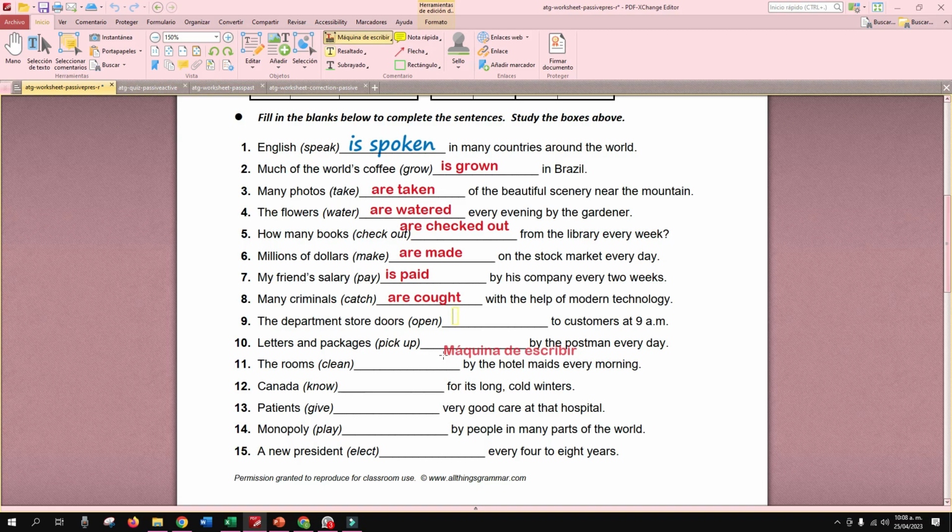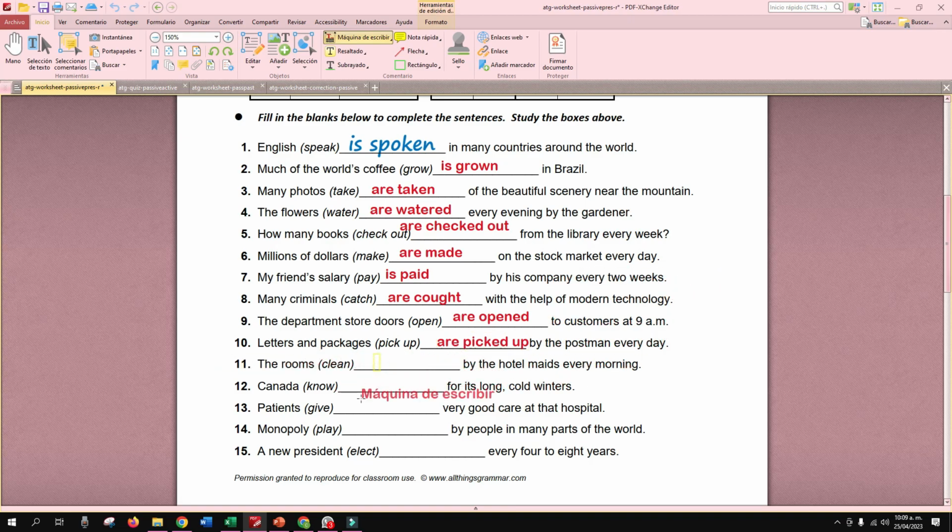There you have: are opened to customers at 9 a.m. Letters and packages by the postman every day, right? So which should be? Are picked. Are picked out, right? Excellent, by the postman every day.